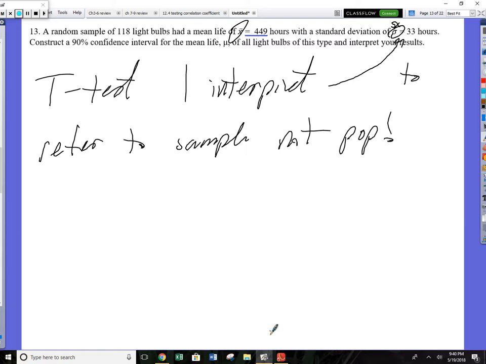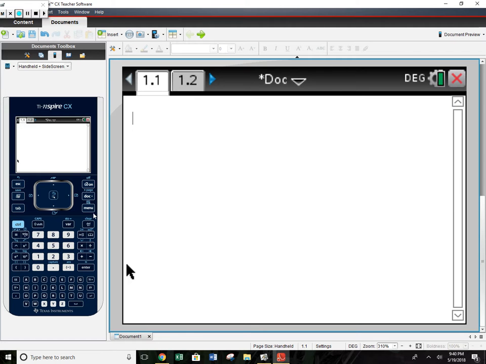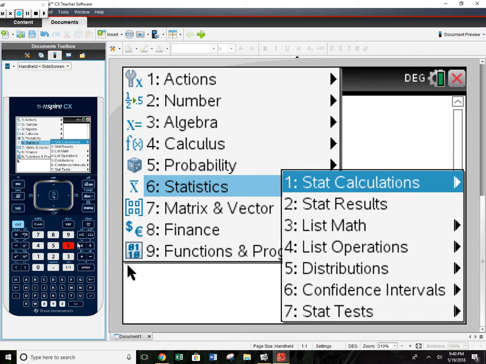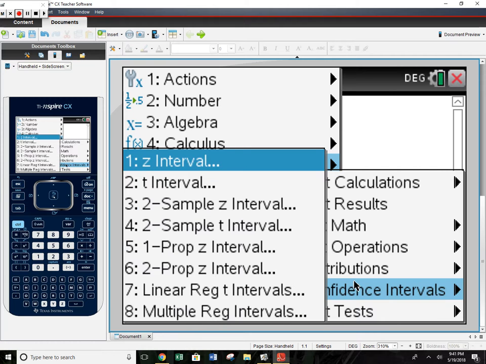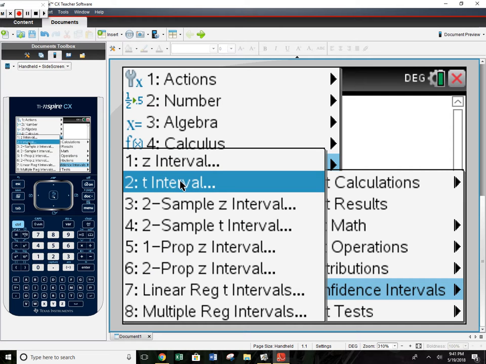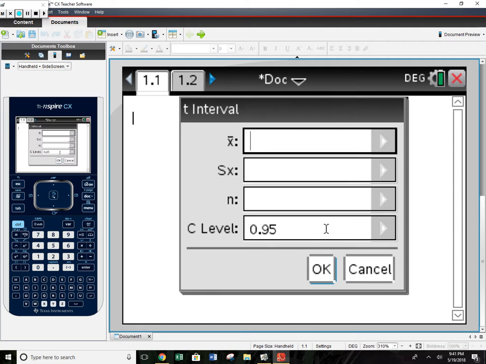So if we do a t-test, here we go. I'm going to go over here, and we're going to go menu 6. We're doing confidence interval, so we're going to go to 6, and I'm going to do a t interval, and I've got my own stats. X bar is 449.